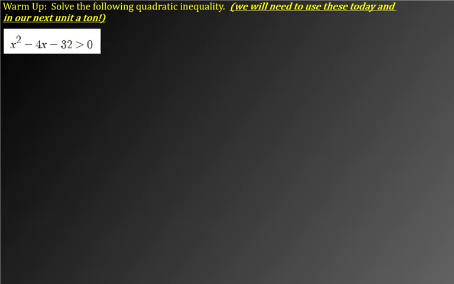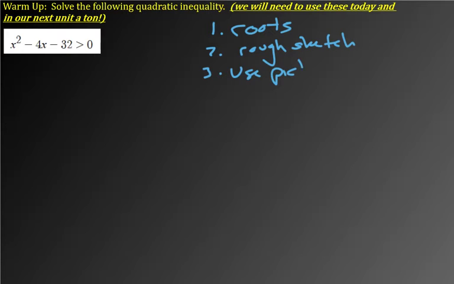So the way I wanted you to do these quadratic inequalities was to first find the roots, and from the roots make a really rough sketch, and then use the picture to solve.